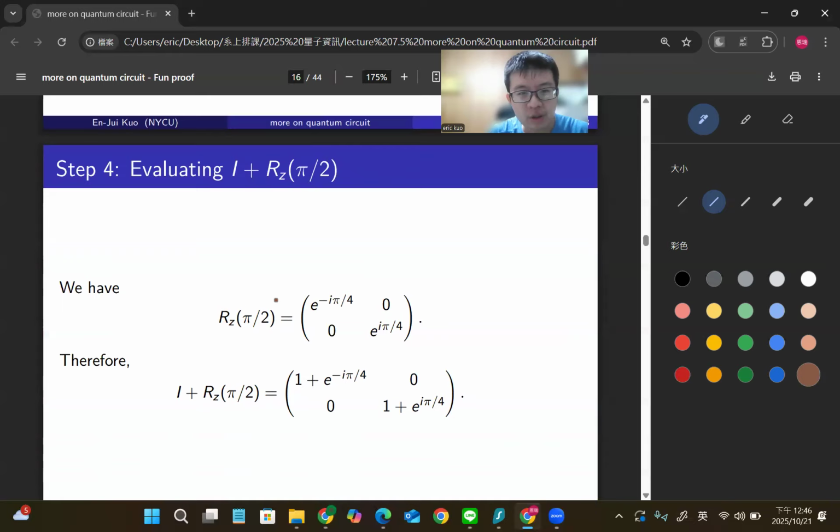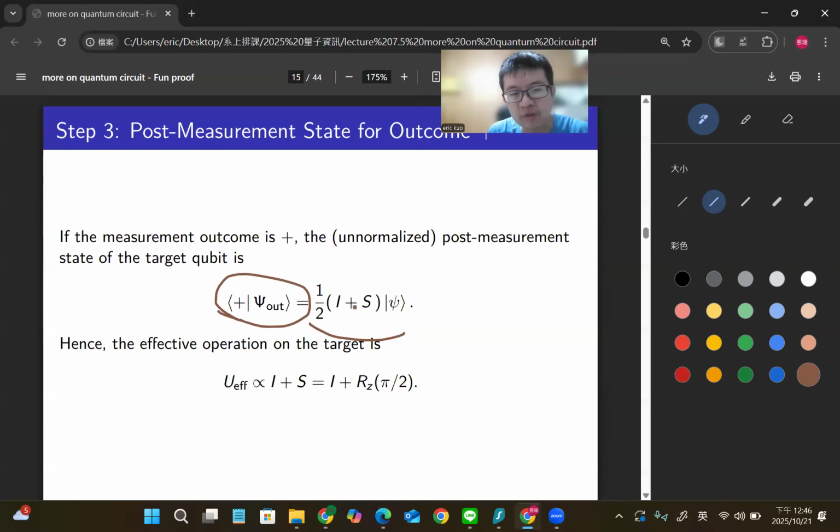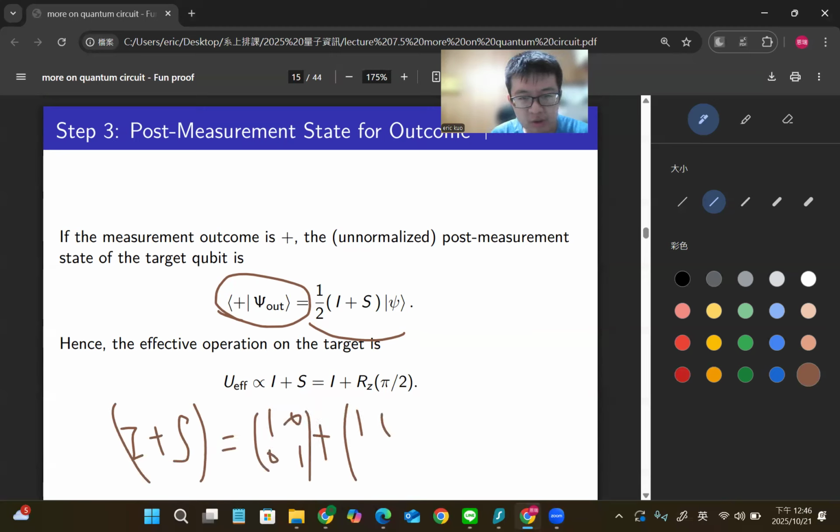So it's half of identity plus this S. Okay, so let's see. So we got 0, 0.